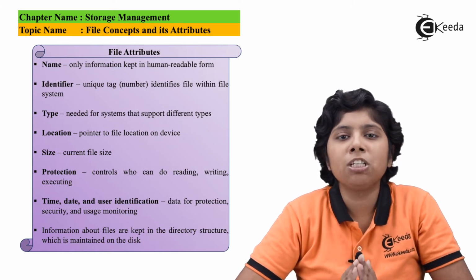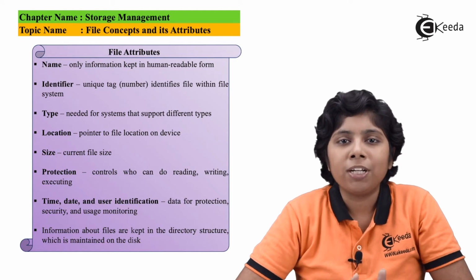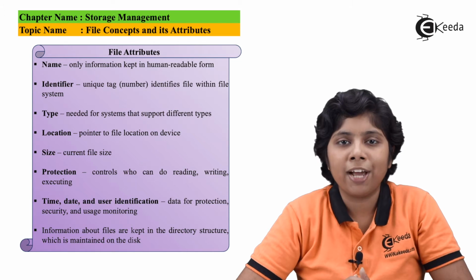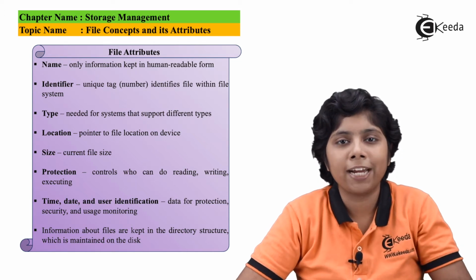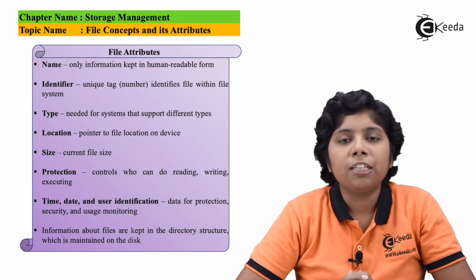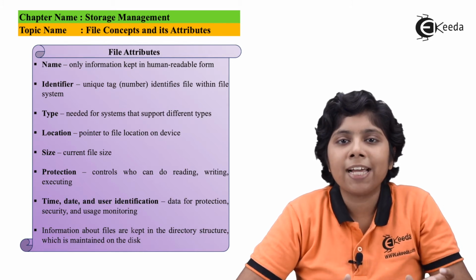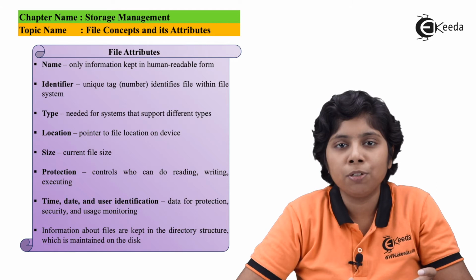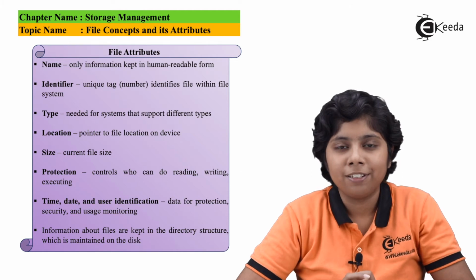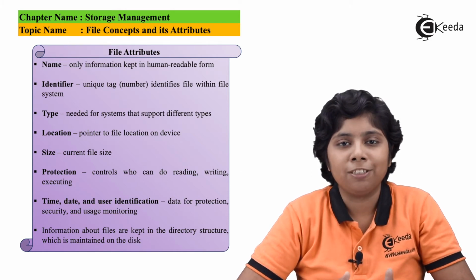The next attribute is location. It is a pointer to the device and the location on the device where the particular file resides. The next is size. The current size of the file is recorded in this attribute, and possibly also the maximum allowable size for that file. The next one is protection.